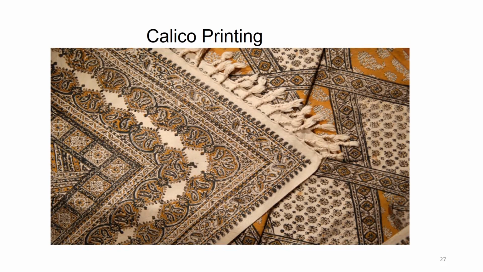The intricacy of the design is what makes it a special printing process, and calico printing is generally made on bedspreads and table spreads, and they make a beautiful pattern out of it.